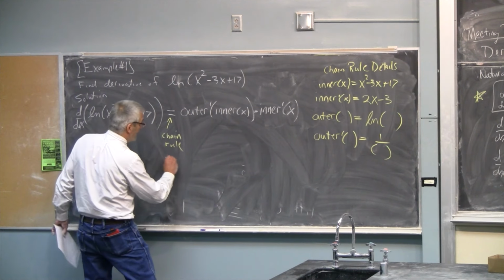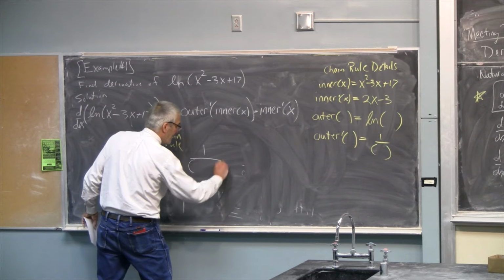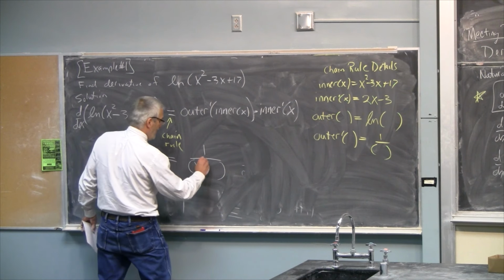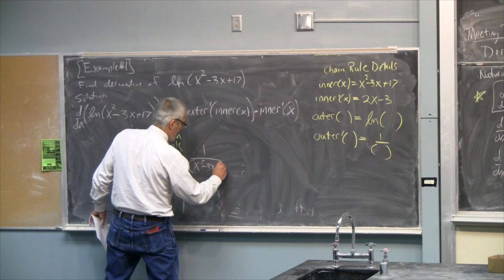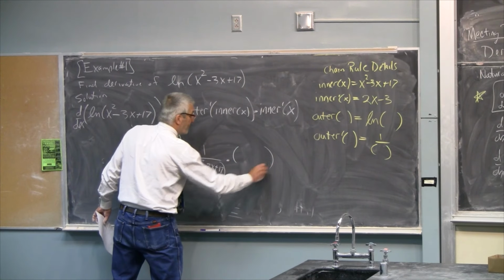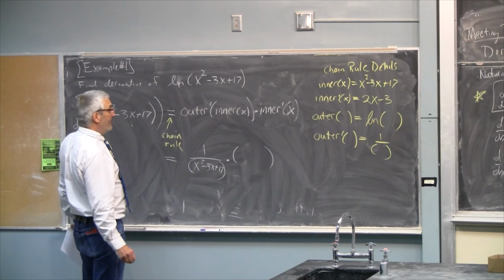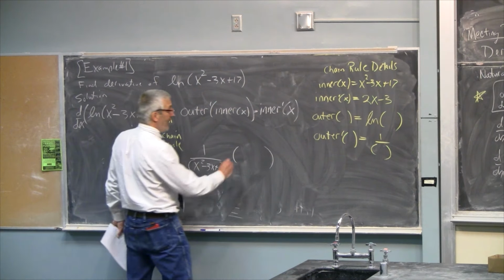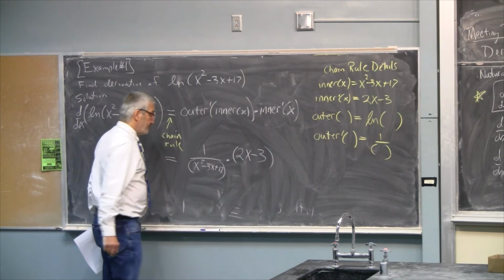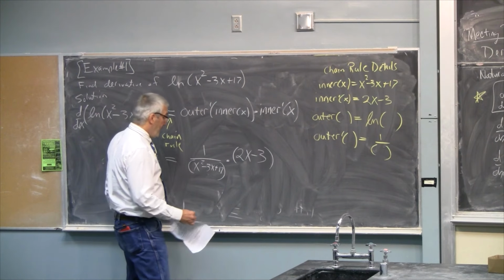So I have to go get those parts. I have to get my outer prime, which is 1 over parentheses, and I have to stuff it with my original inner function. And then I have to multiply it by inner prime, keeping in mind that I've got to put that thing in parentheses, and I've got to put it up on the baseline, not on the floor.